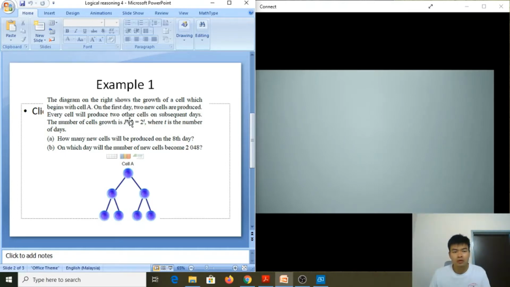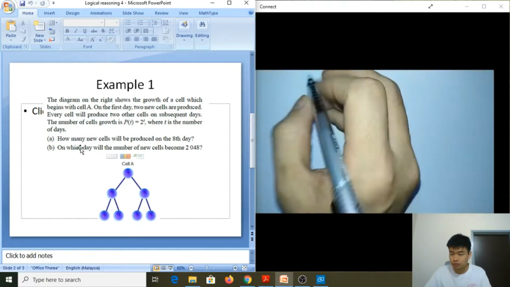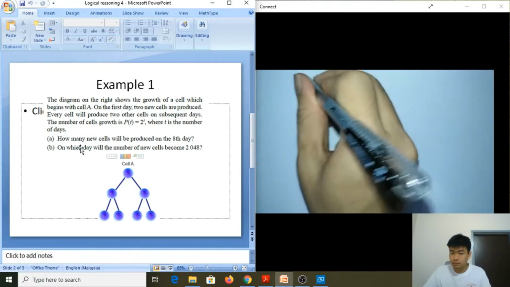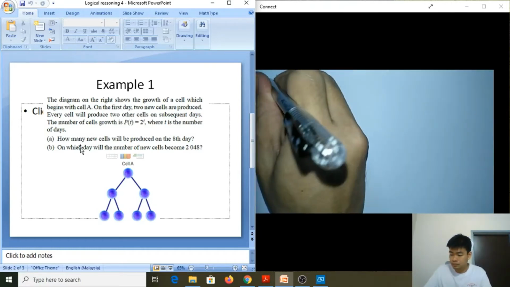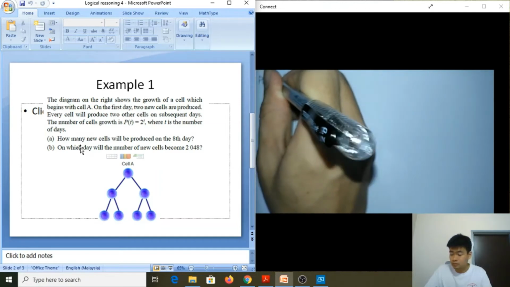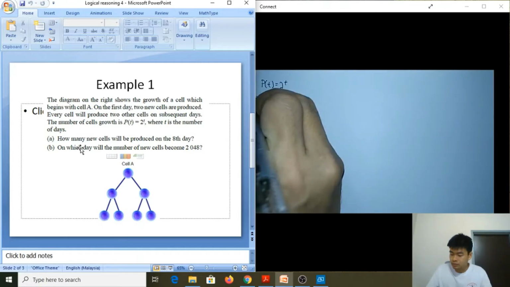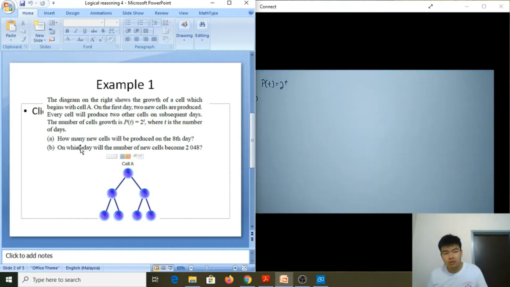Now, how many new cells will be produced on the 8th day? Look at the equation here. I'm going to copy down the equation: Pt equals 2 to the power of t. Now, I know that Pt here is the number of cells, and t here denotes the number of days. So, how many new cells will be produced on the 8th day?